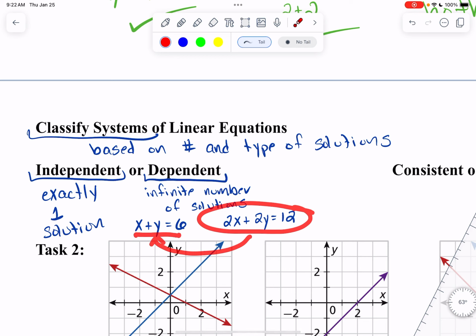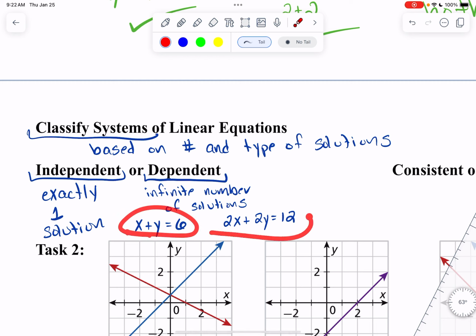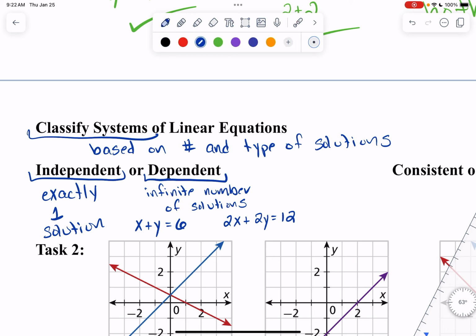So this would be a dependent system because the two lines are going to be the exact same. Any point that works on this one will also work on this one. So there's an infinite number of solutions. An independent system has only one, whereas a dependent system has an infinite number.